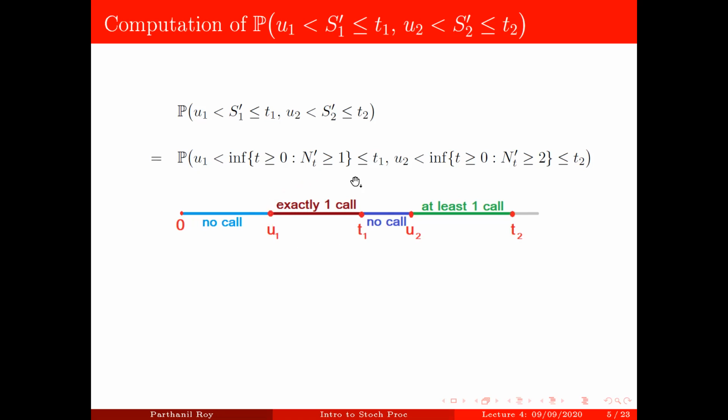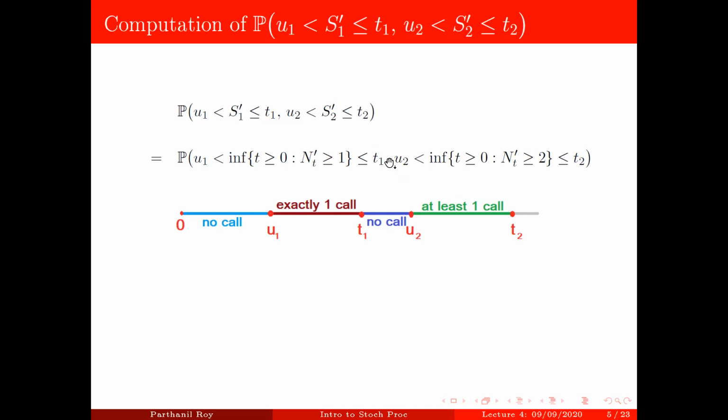However, I say that it has to be exactly one call because of the next thing. The next statement says the first time it touches or exceeds 2 is after u2, which means up to t1 definitely there has to be exactly one call. It cannot be more than one call. Of course, it has to be at least one call so that this inequality is honored.